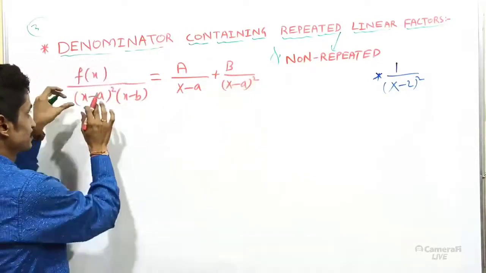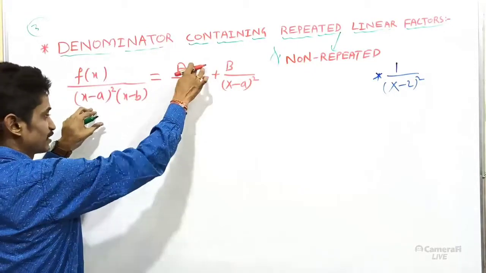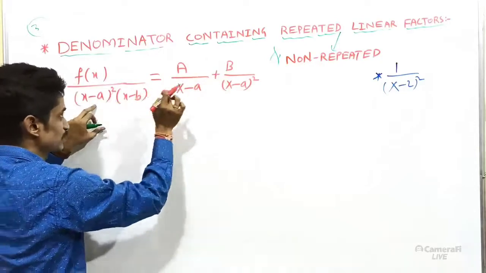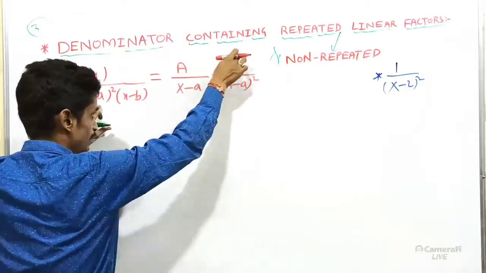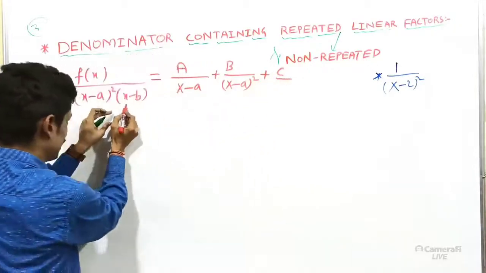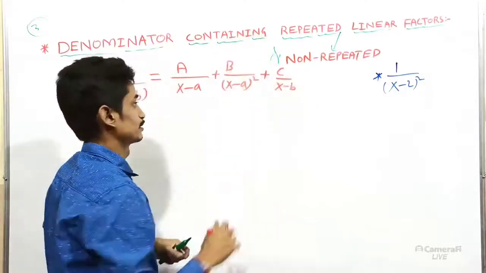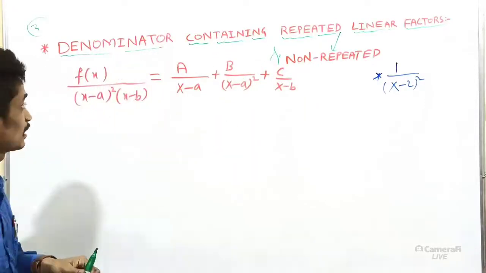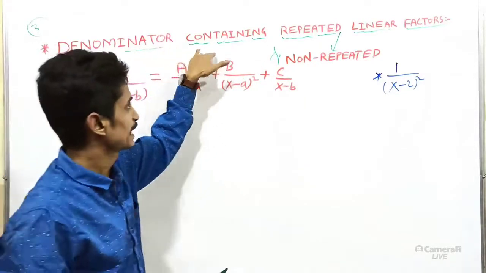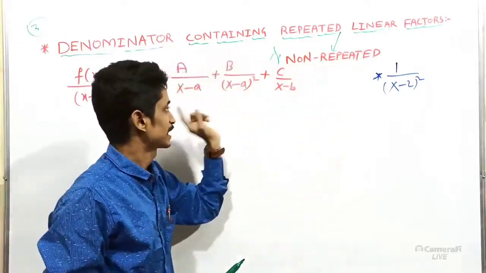Repeated factors can be expressed as 2 terms. Plus c divided by the other factor, x minus b. This is considered as a denominator containing repeated and non-repeated linear factors.